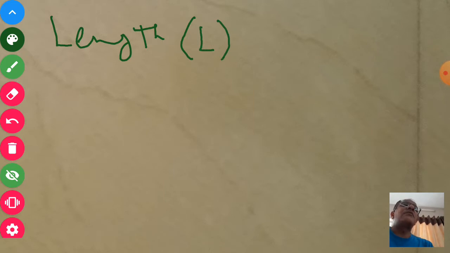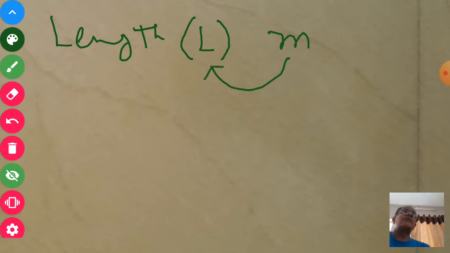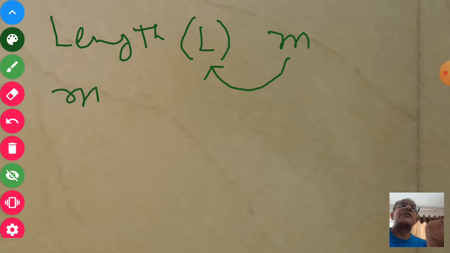Whenever you have the unit meter, we can say we have measured length. Meter is a dimension of length. Then we had the other physical quantities, that was mass.